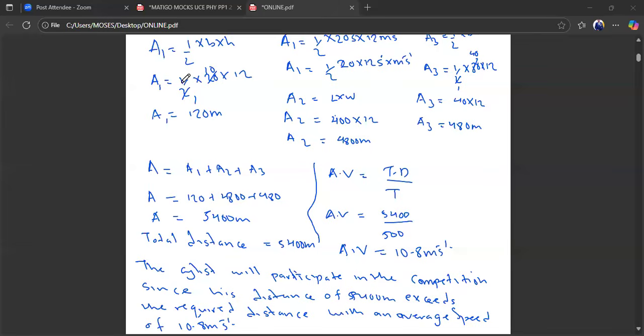I have A1 in the first stage, A2 in the second stage, A3 in the third stage, and now this A is standing in for the total area. But you can put subtitles like average velocity, and then you come and find the average velocity down. It is very okay. And remember, you have to be organized.